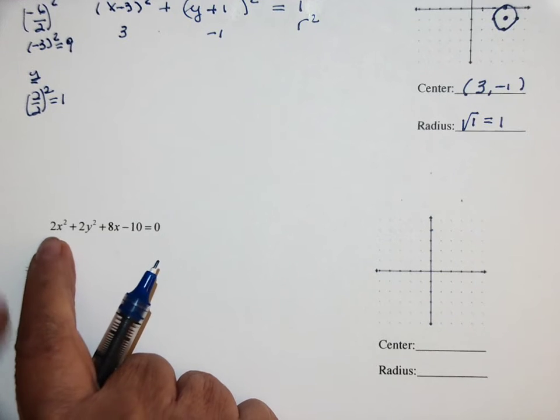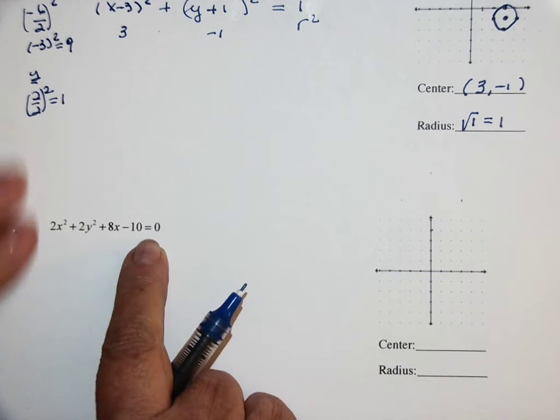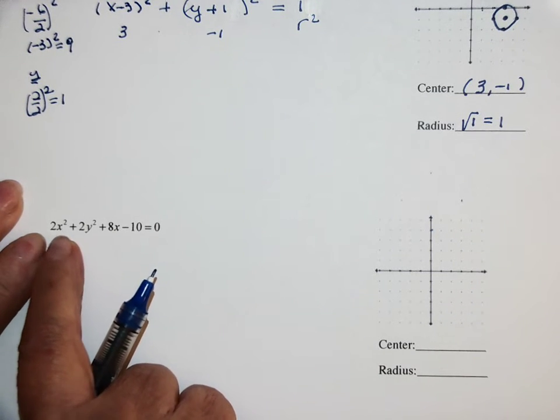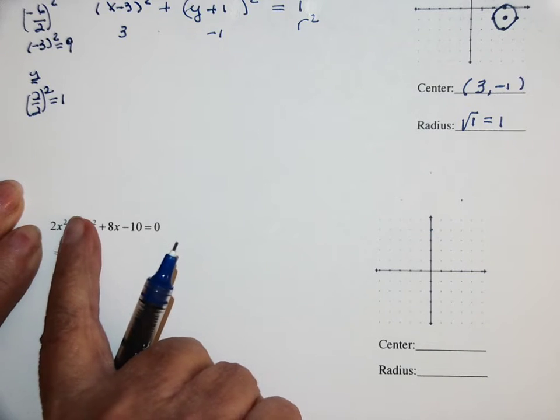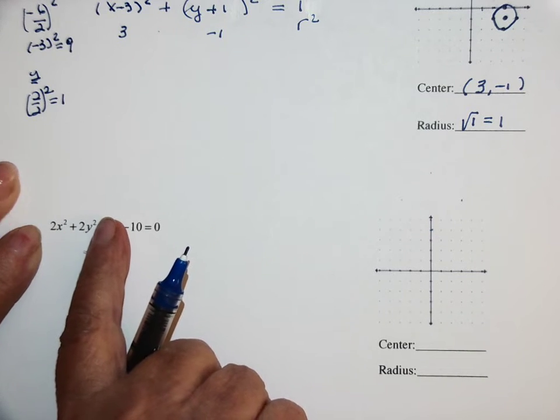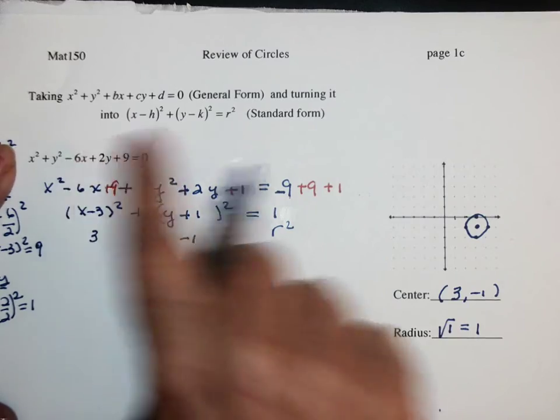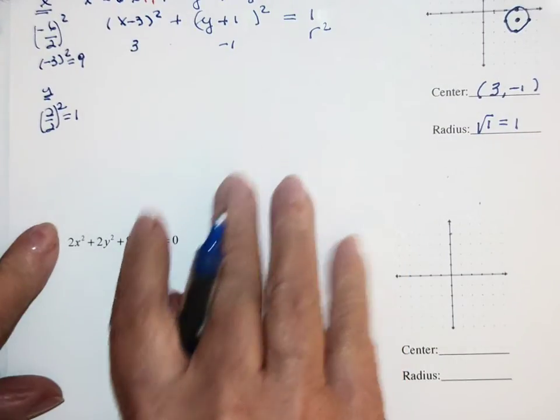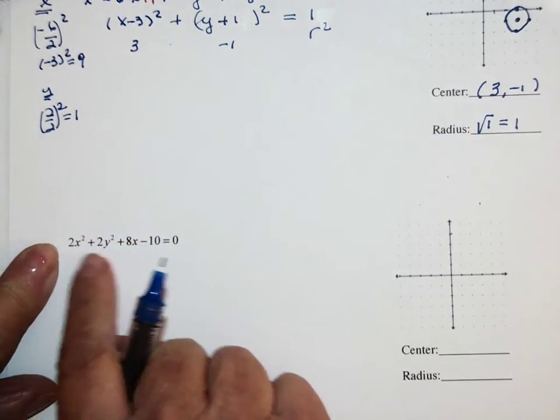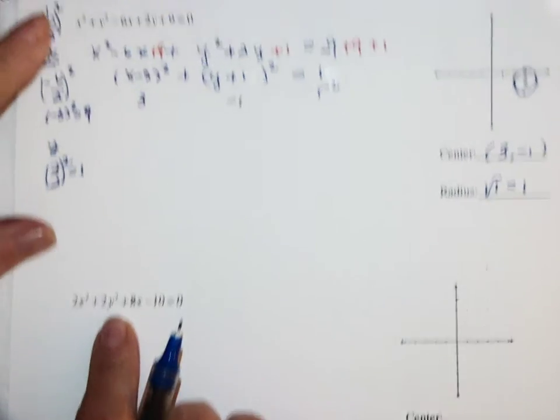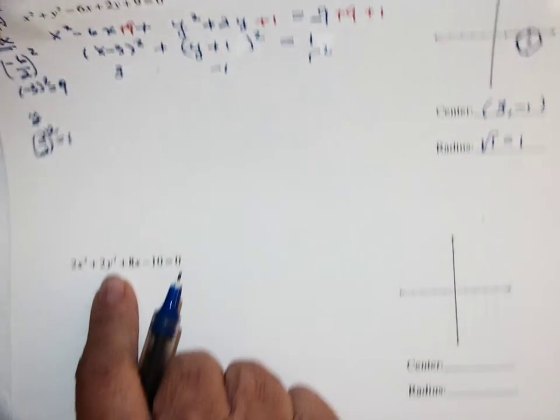Now, in this instance, there's a 2 in the front. By the way, that's how we know it's a circle, because the coefficients of x squared and y squared are the same. In this case, they're both 1. And in this case, they're both 2, so they're the same. And you have an x squared plus a y squared.